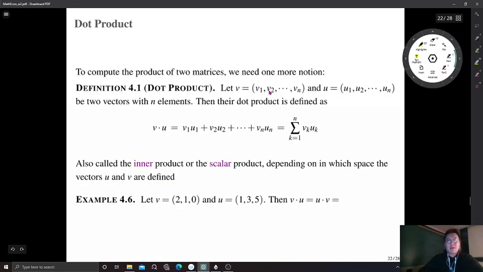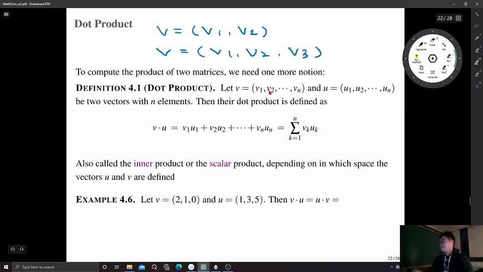If we define a vector in two-dimensional space, say v has only two elements, v1 and v2, that is an ordered pair. If we define vector v in three-dimensional space, it has three elements, that is an ordered triple.